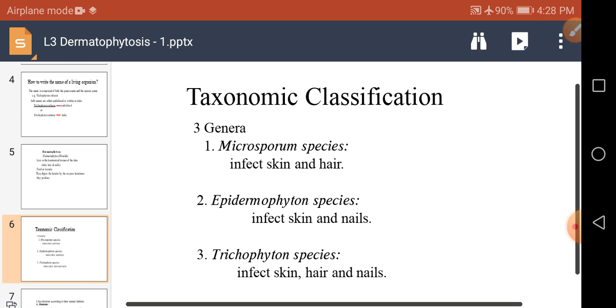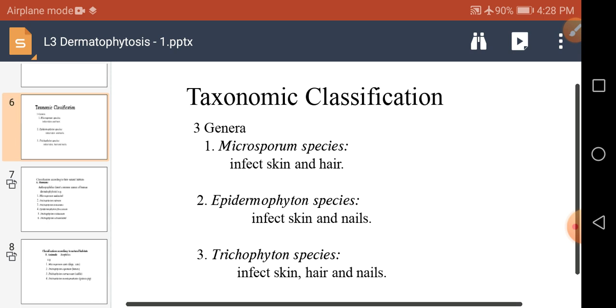The fungi in this genus infect skin and hair. Number 2, Epidermophyton species. The dermatophytes here infect skin and nails. 3, Trichophyton species. The dermatophytes in this genus infect skin, hair, and nails.